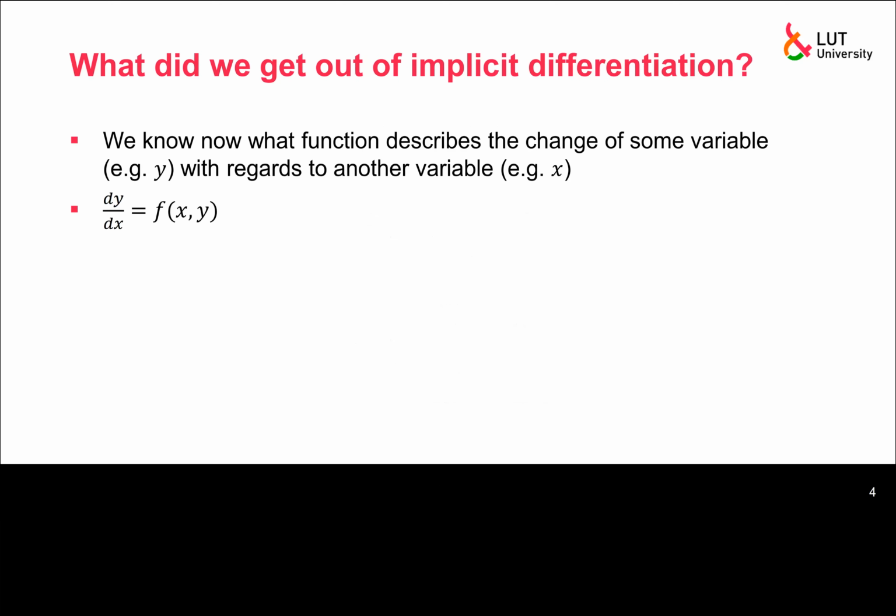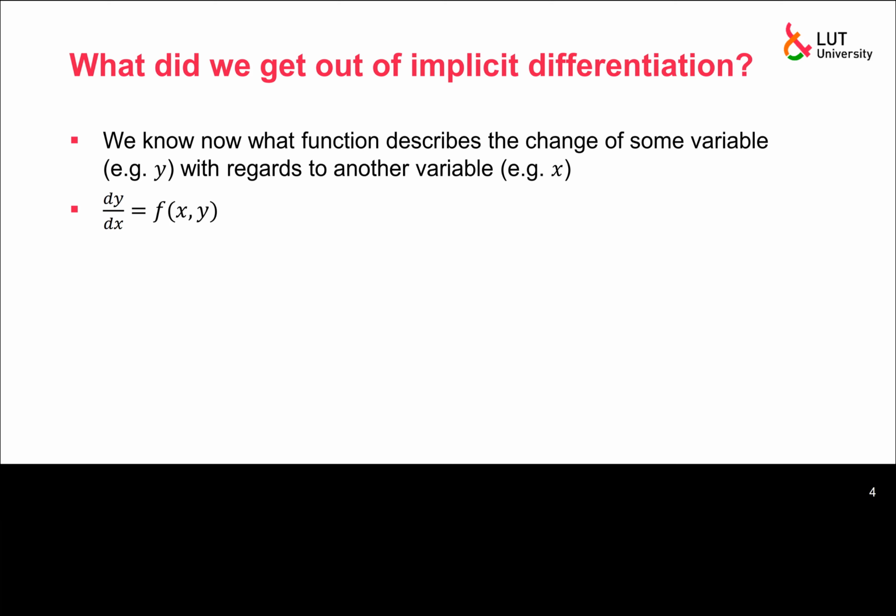So what was this implicit differentiation? Implicit derivative. After we found out what dy over dx is, and it's some kind of function there, we know that when x changes, in what way does y change?